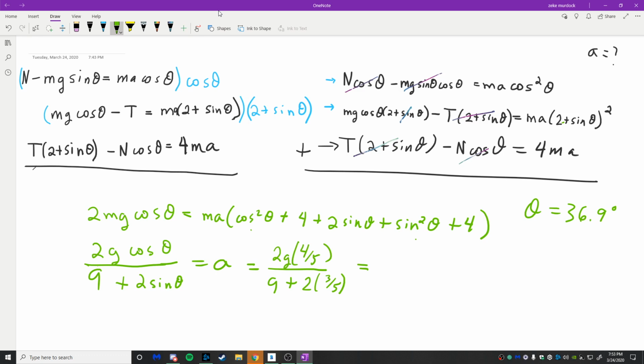This will become 45. 45 plus 6 is, God, this is annoying. Let's see. The numerator, 2 times 4 is 8g, divided by 5 times all this, 45 plus 6 would be what? Man, doing math in my head's hard right now. 51? That would be the answer.